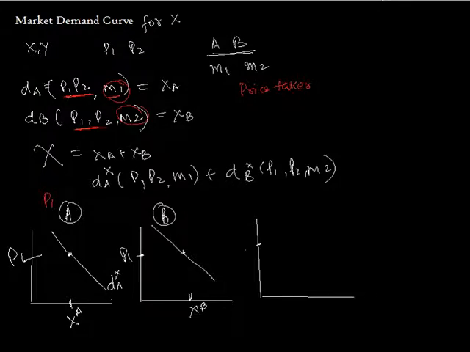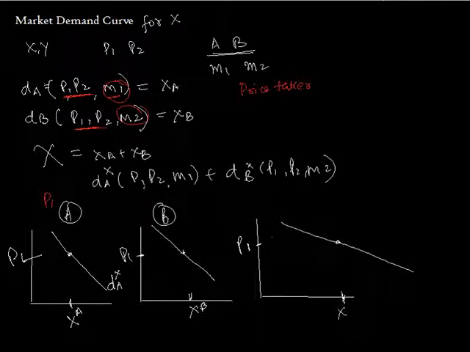Now, of course, at P1 the amount which is going to be consumed is the sum of this XA and XB, as you see somewhat here. Say X. So suppose like this, this is the market demand curve.